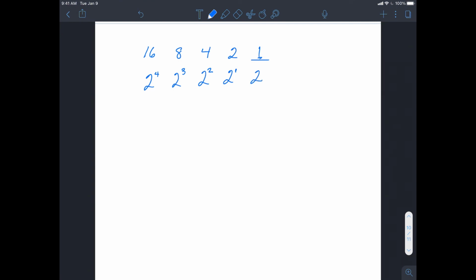Well, 2 to the 0 comes next, and that should equal 1 as well. Each time we move in this direction, we are also dividing by 2. So it makes sense in these two contexts for anything to the 0 power to equal 1. And in fact, that's what mathematicians have agreed on.